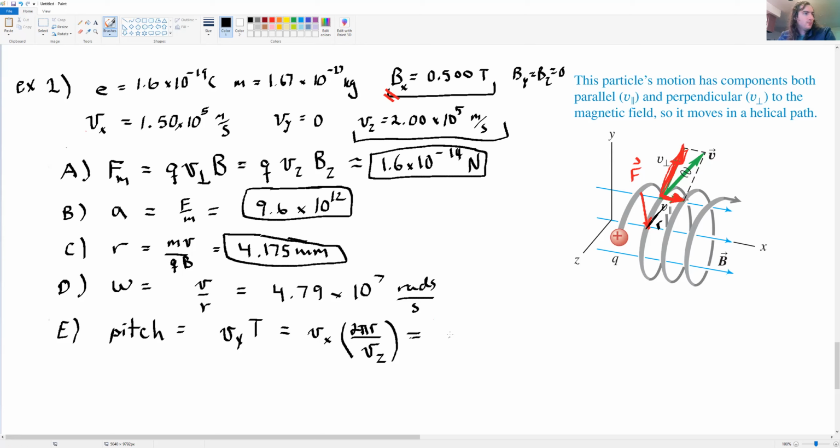And I end up with 1.97 centimeters, times 10 to the minus 2.